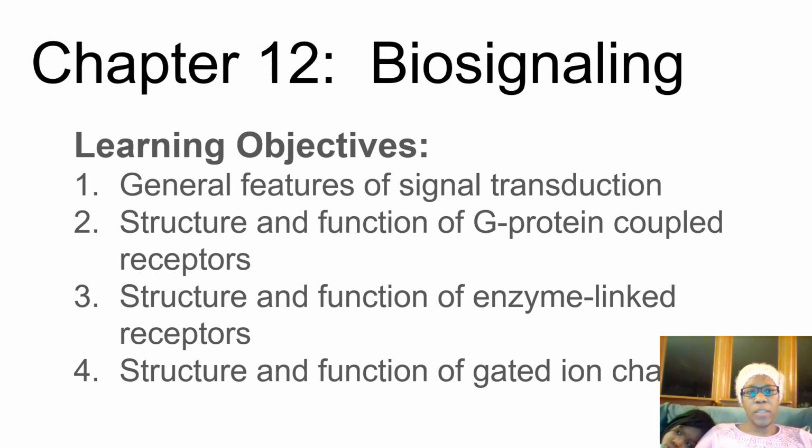We will then learn the structure and function and the mechanism of G protein coupled receptors. Next, the structure, the function, and the mechanism of another example of biosignaling, enzyme-linked receptors. And our last objective is to learn the structure and the mechanism of function of gated ion channels.